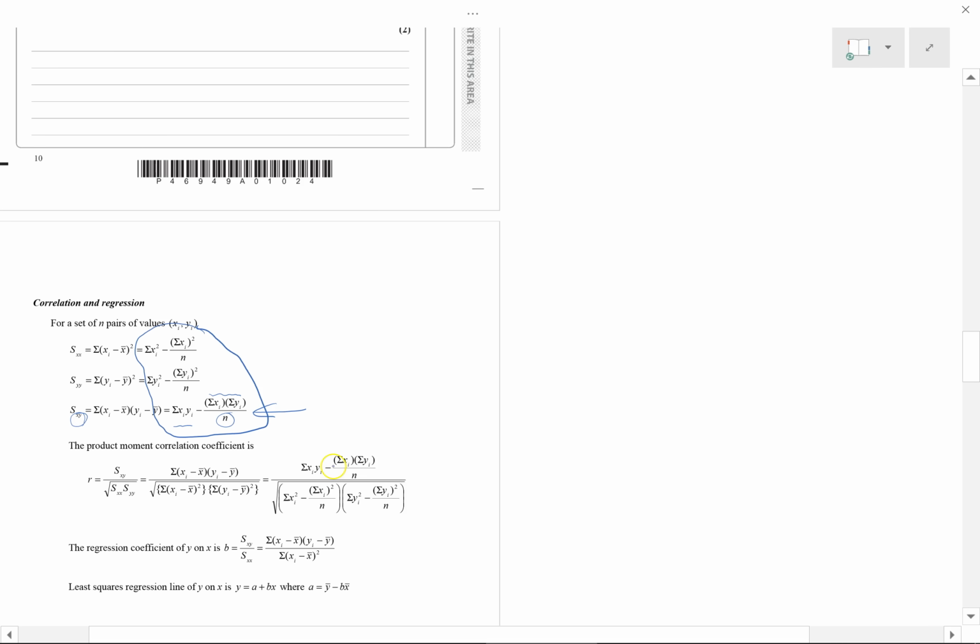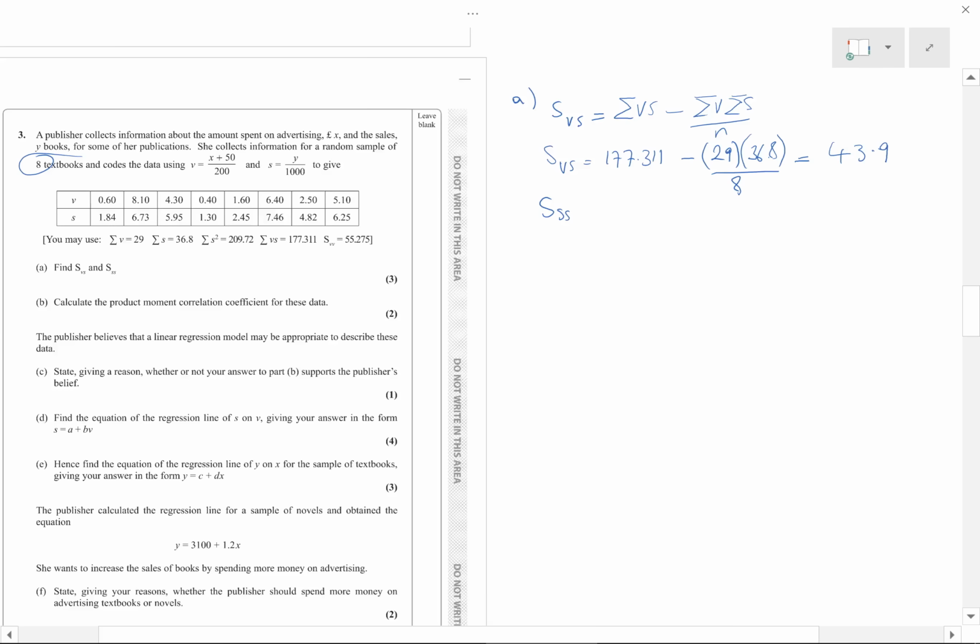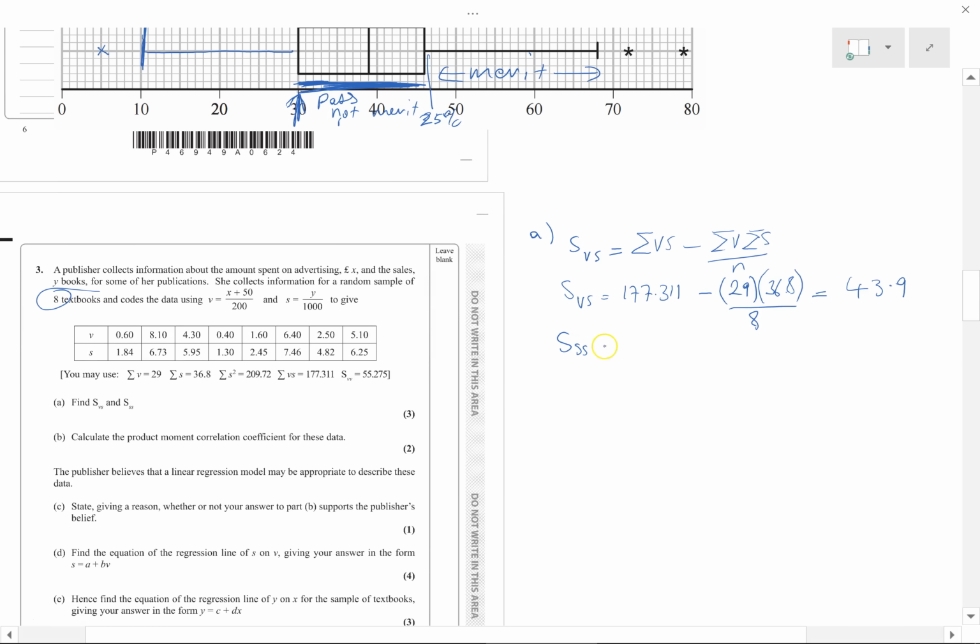We'll refer back to our formulae here. When you talk about the individual symbols, it's the sum of the squares, take away the sum squared divided by the number of numbers. So SSS is equal to the sum of the squares of s's, take away the square of the sum of s's. You can see those are different. This one, you're squaring the numbers and then summing them, whereas this one is summing them and then squaring it, which is quite different.